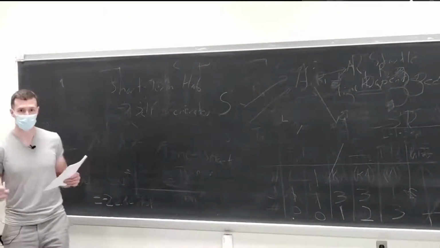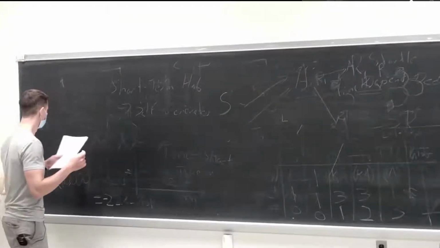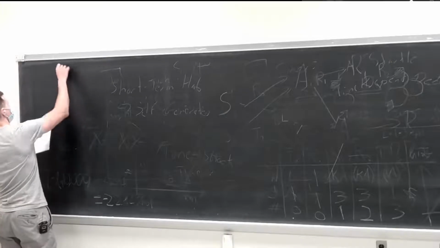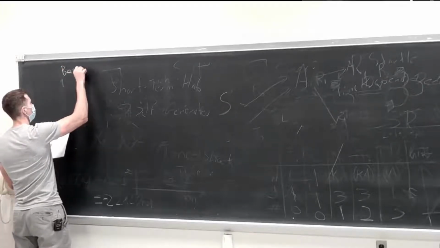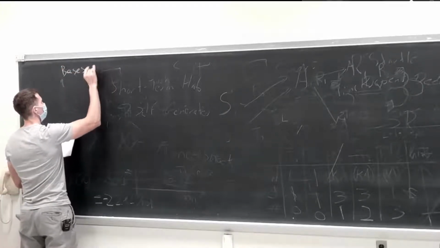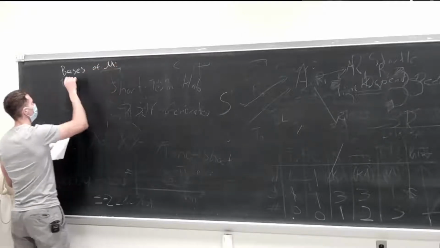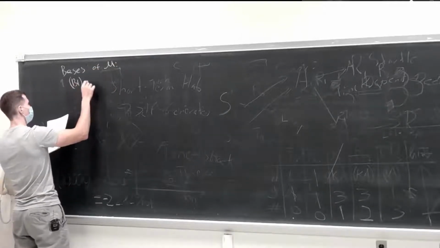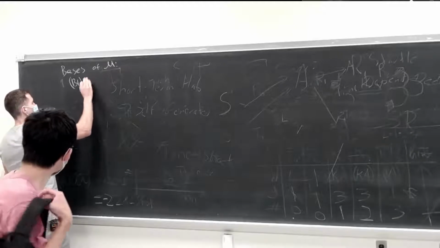Last time I was talking about bases. So there are some axioms for bases of a matroid. The first one is that it's non-empty.